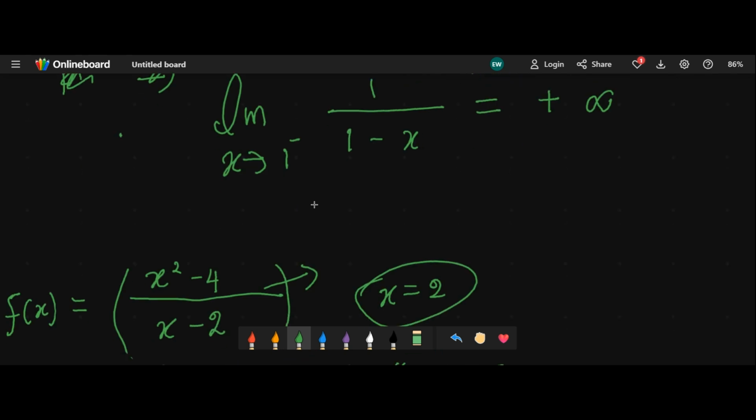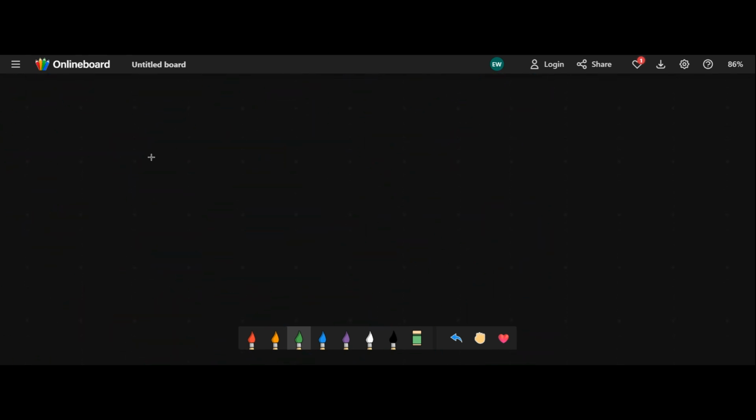Now we'll substitute values which are greater than 1. So we will put 1 plus, right? If you take 1.1, the function will be minus 10. If you substitute 1.1, you will get minus 10.